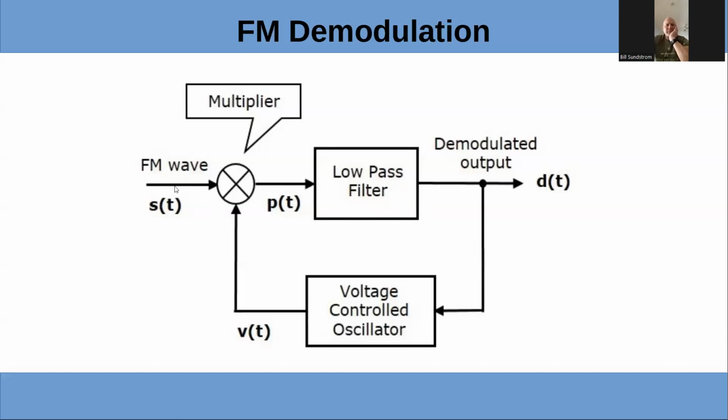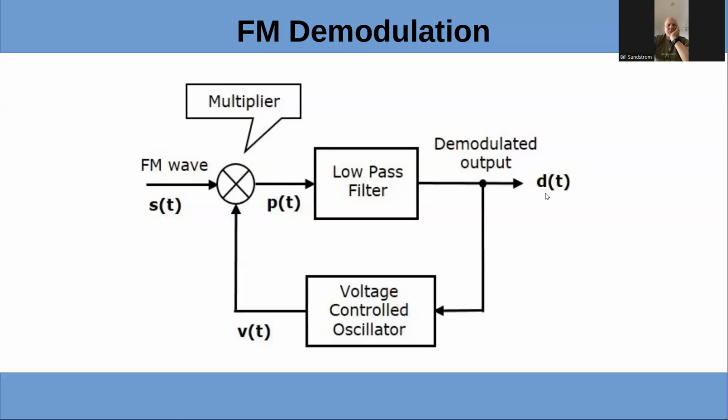So as this input signal varies in frequency, it's again going to generate an error signal, which is going to cause the circuit to track it. But that error signal is proportional to the frequency change.